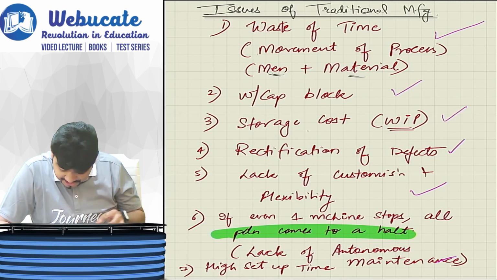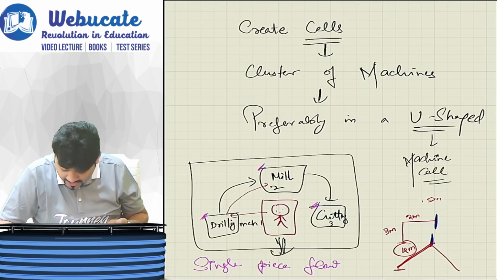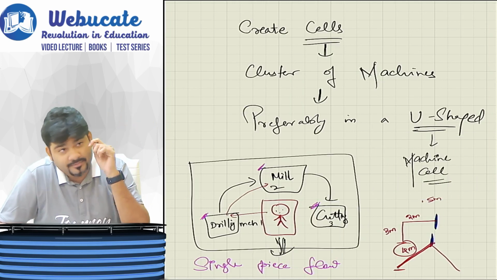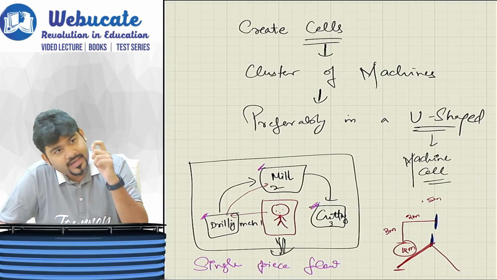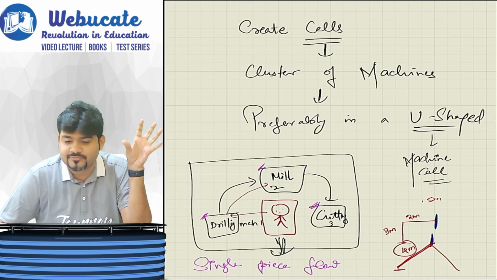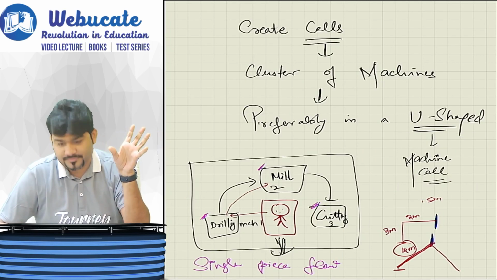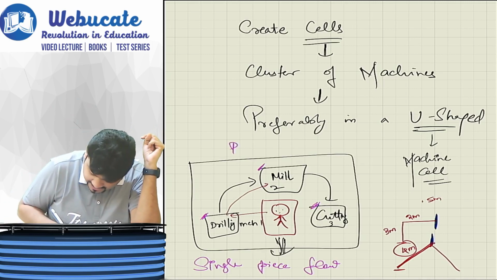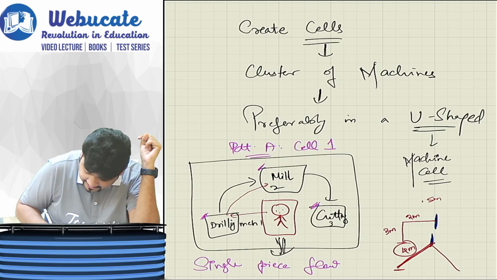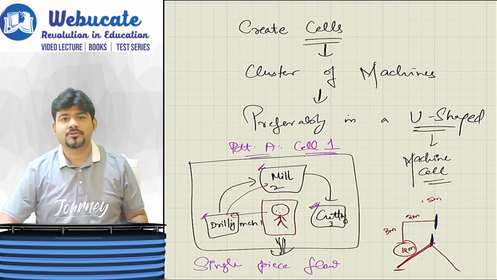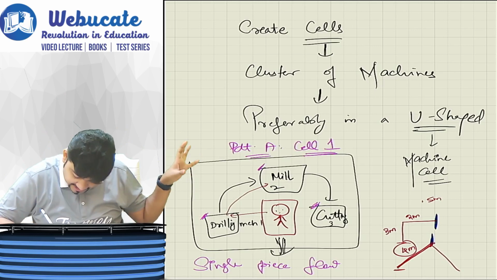Even if one machine stops, all production comes to a halt. In the original case, if the traditional manufacturing milling department stops working, then products A, B, C, D, E, F all stop working. Production of everything gets stopped, right? But here I am making product A in cell 1. Suppose mill 2 machine stops, there is an issue here.